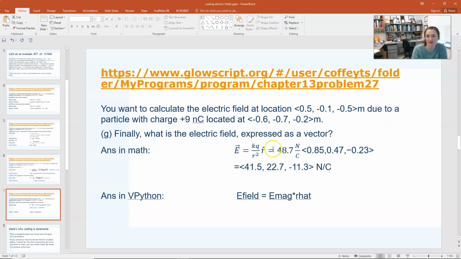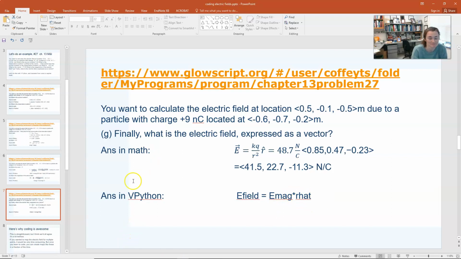When you do that, you multiply the magnitude, 48.7 newtons per coulomb, times each of the components of the unit vector in turn. And you end up with the electric field vector of 41.5, 22.7, and minus 11.3 newtons per coulomb, which are the components in the x, y, and z respectively. Now in VPython, all you have to do is tell it the E field is that magnitude, Emag, times r hat, and you're done.